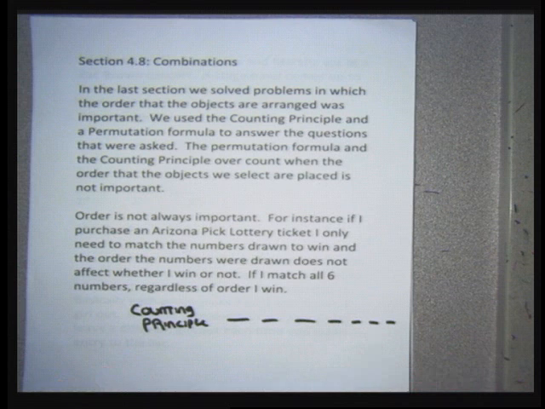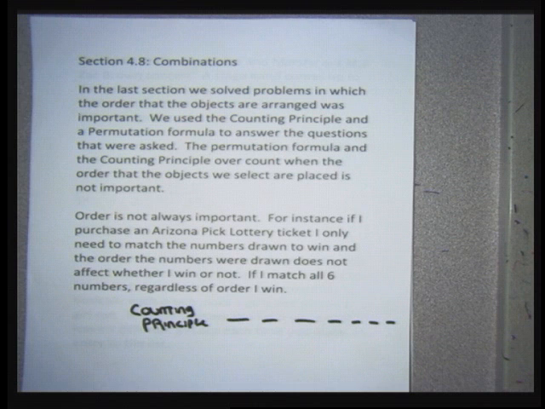in the Arizona lottery or in the Powerball, it generally says that if you match all 6 numbers, regardless of the order, then you are a winner. In the counting principle, in a problem, let's say the Arizona lottery problem, where maybe 40 balls are dropped in a bin and they're picked out one at a time, how many different sets of 6 balls could come out?